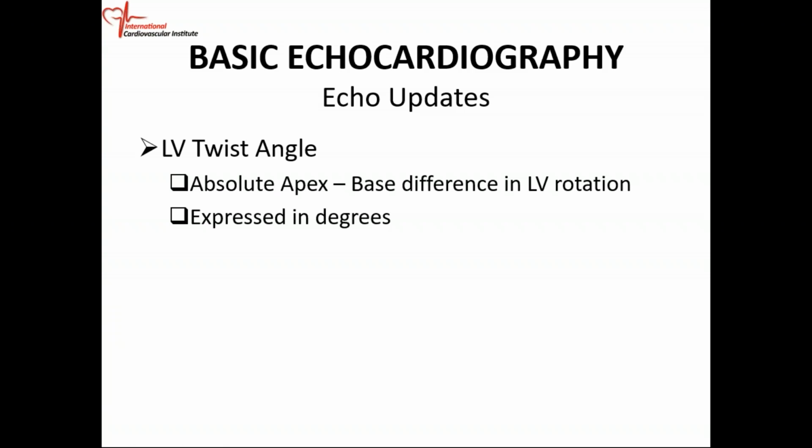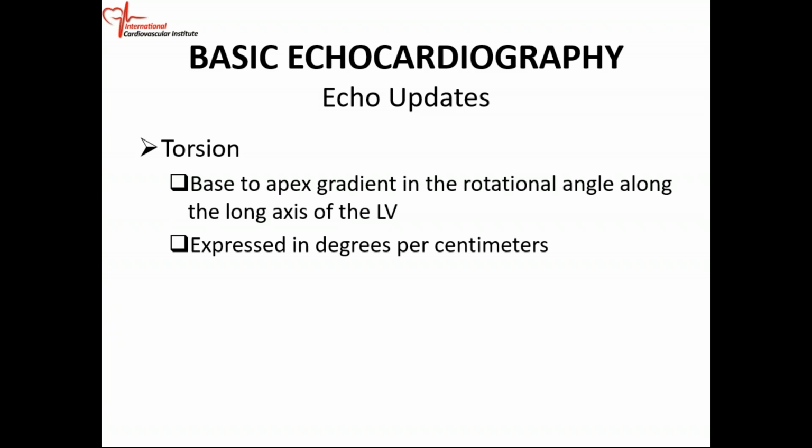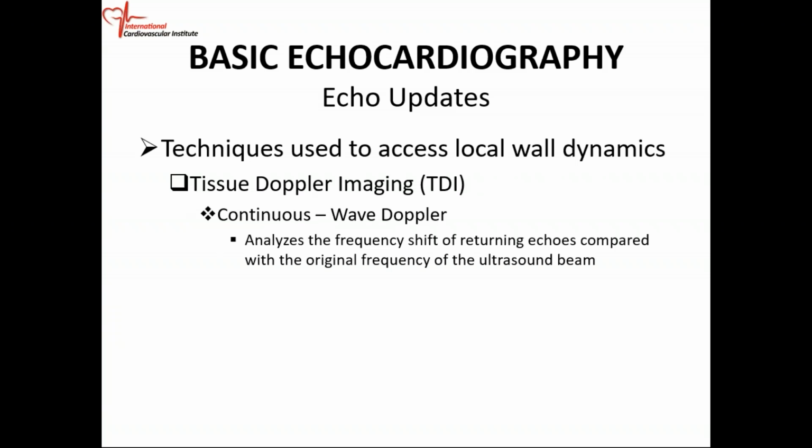We're not going to get that technical, but you can apply certain mathematical formulas to look at how well the heart is twisting. We don't routinely use this in clinical practice, but we can talk about twist angle, and we can look at torsion in more detail.